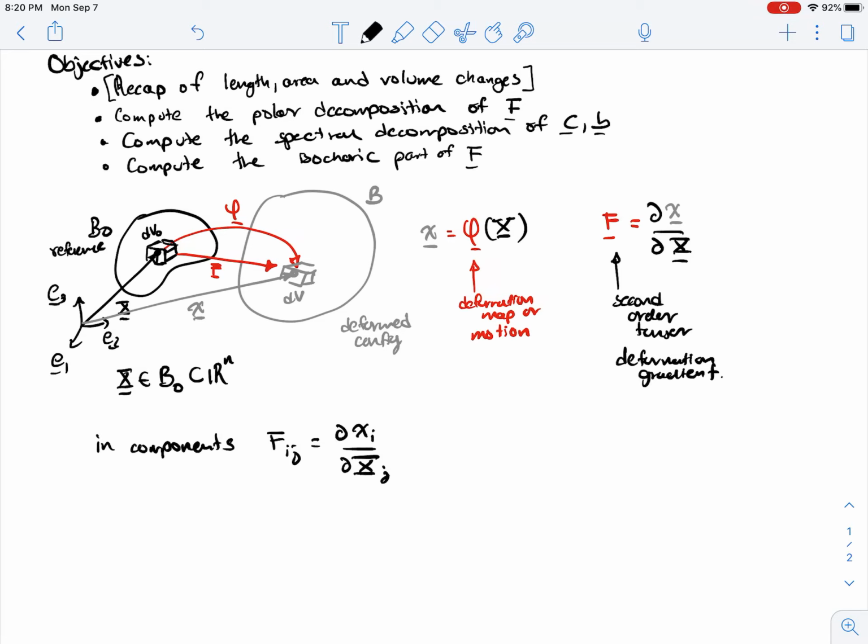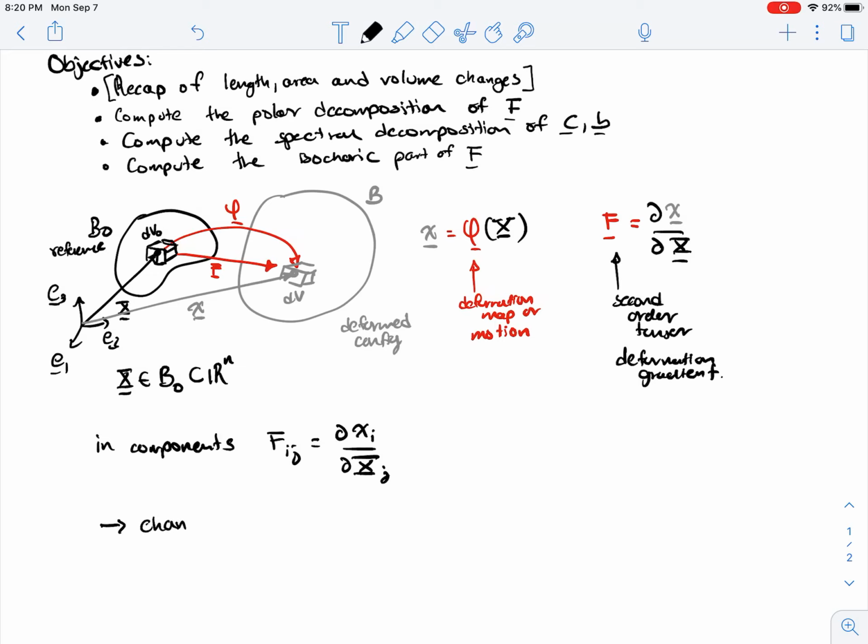As long as the choice of basis is clear, then this is well defined, and we're not going to go into the details of the different bases that you can use. I'm just going to keep the same basis for most of the class. And maybe towards the end we'll try to do something fancy with different bases, but for now let's just keep the standard Cartesian basis for both the reference and deformed configuration. So that's the key object in solid mechanics, because it carries the information of the local deformation.